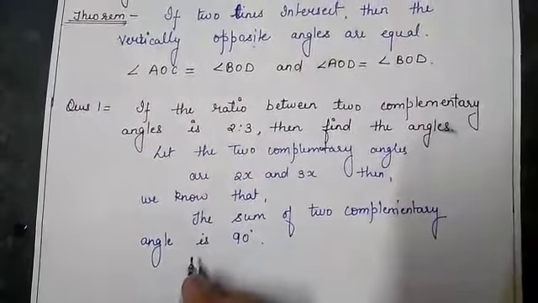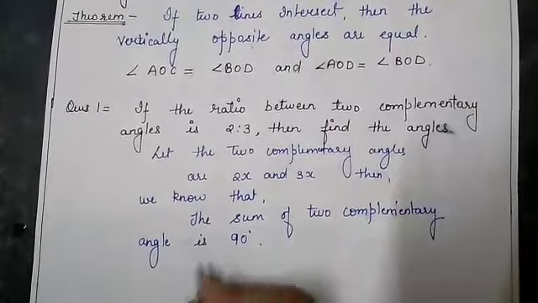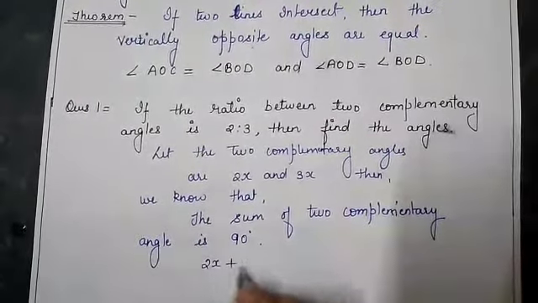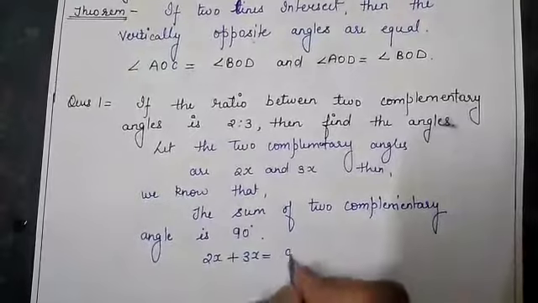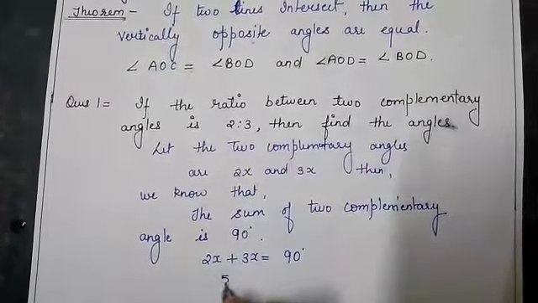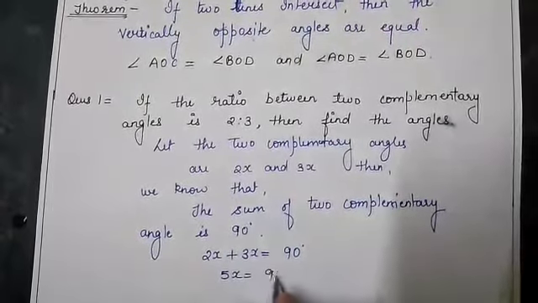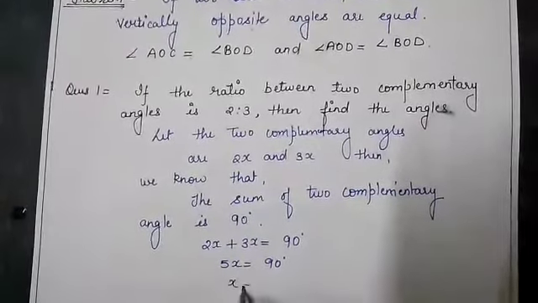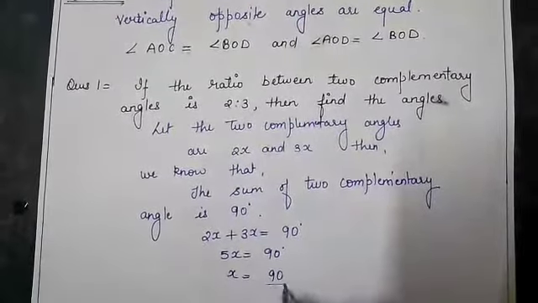Then using this axiom, we have 2x plus 3x is equal to 90 degrees, and 2x plus 3x is equal to 5x, so 5x is equal to 90 degrees, and the value of x is 90 upon 5.